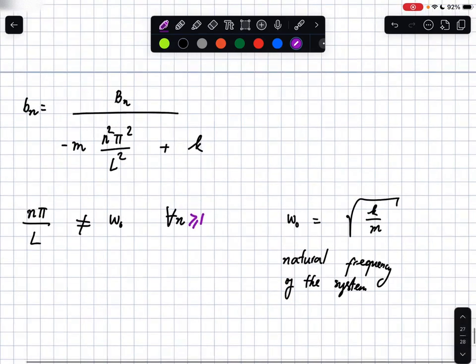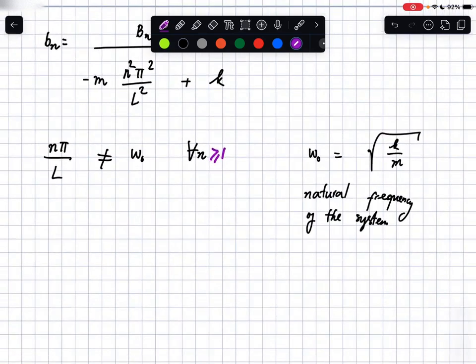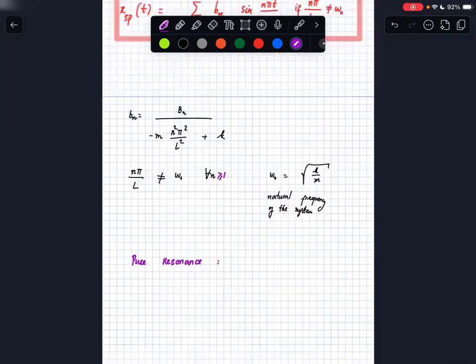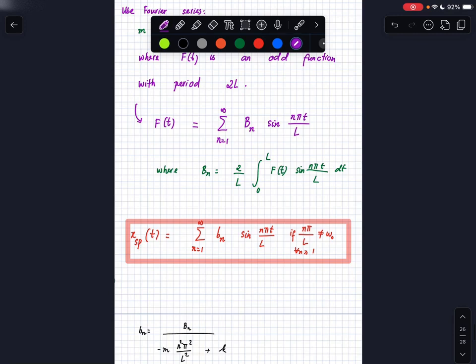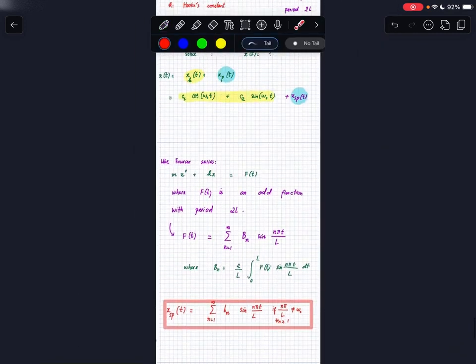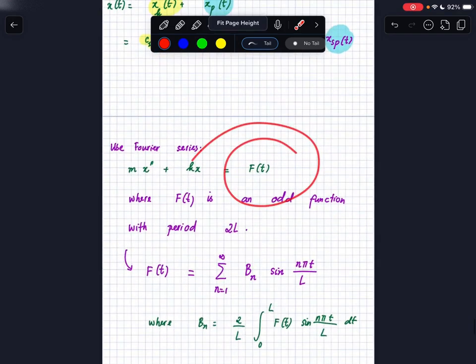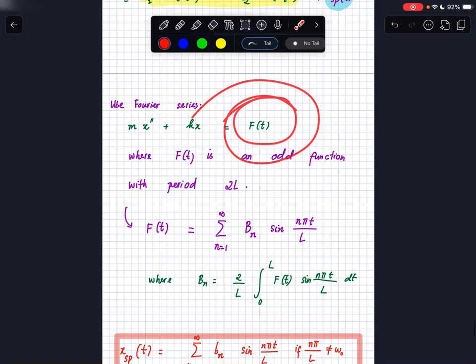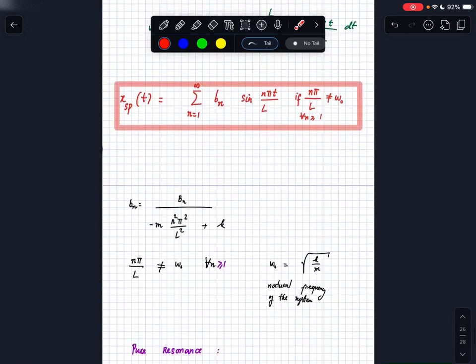And let's consider the pure resonance case. In this case, because of the superposition principle, I don't need to compute the whole thing. I don't need to consider the whole Fourier series of F. Let's just look at the part where we have the resonance.